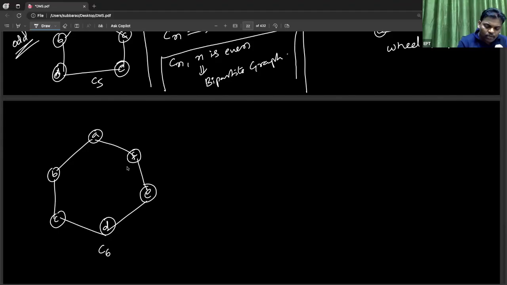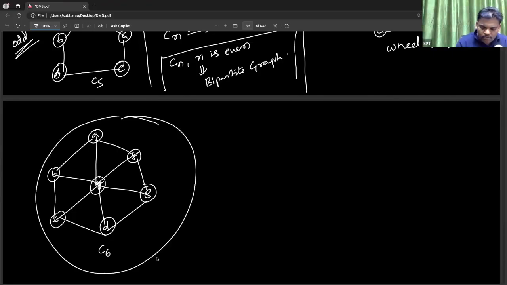Add one more vertex, G, inside, with an edge to every vertex. The total diagram is called W7. Without the inside vertex, it is a C6. With the inside vertex, it became W7. Only the outside part is C6.